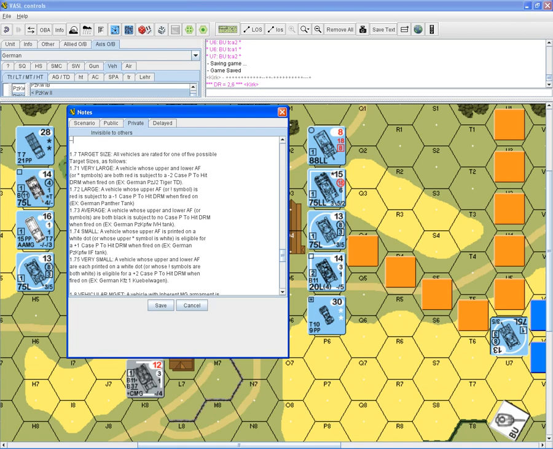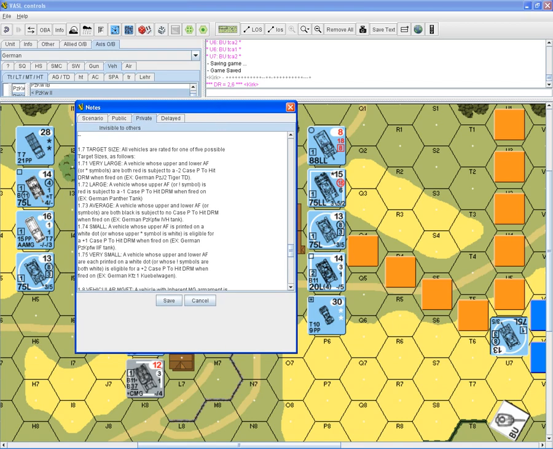And one of the last things we're going to talk about when we're talking about vehicles is that each vehicle has a size as well. Basically, there are 5 possible sizes: very large, large, average, small, and very small. This is represented by either white or red instead of black.